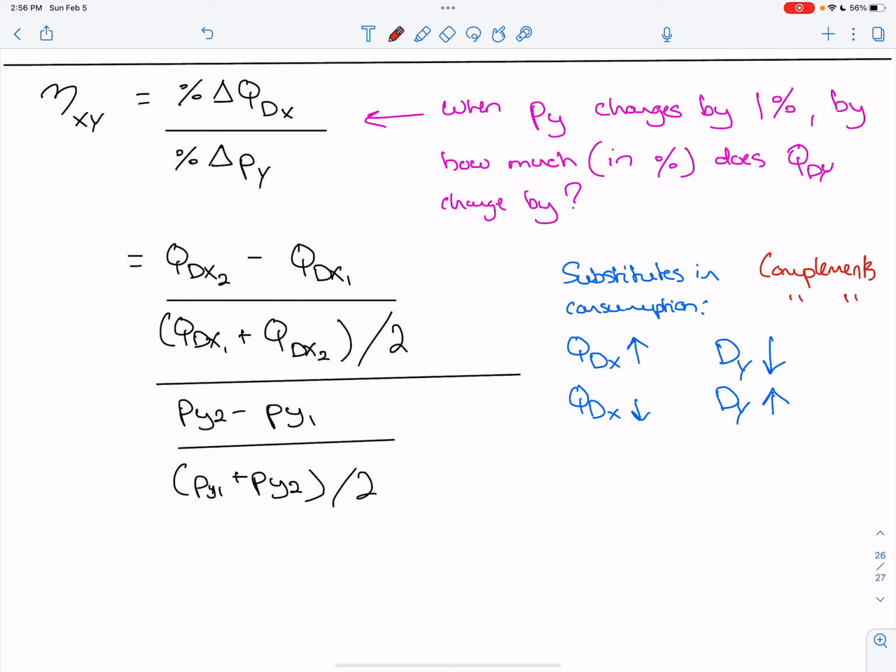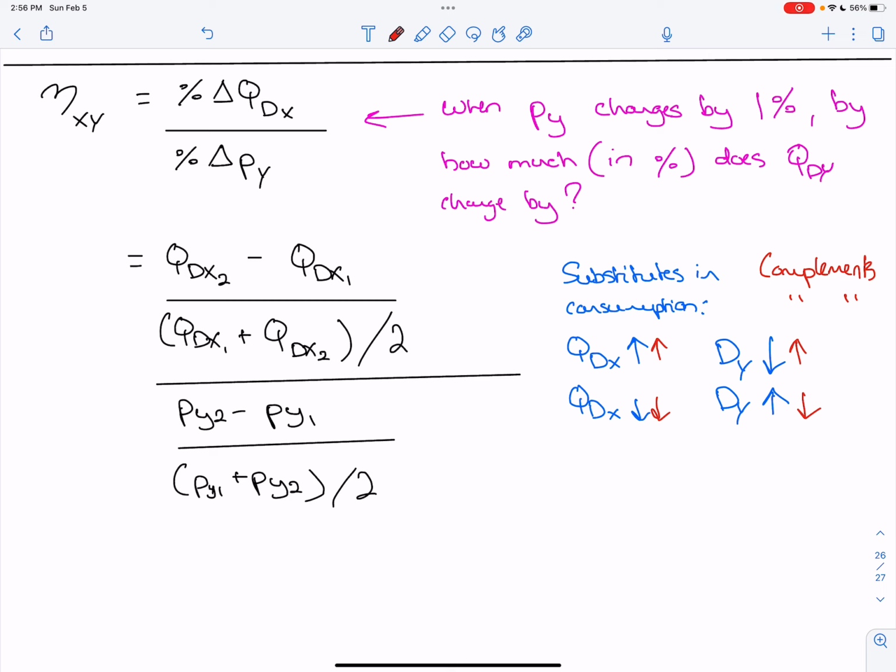Whereas complements, I'll put the complement arrows here. Complements in consumption. In this case, the arrows would go in the same direction, so the two goods are consumed together. If this is not sounding familiar, go back and watch my previous video on demand, where I covered substitutes and complements in consumption.